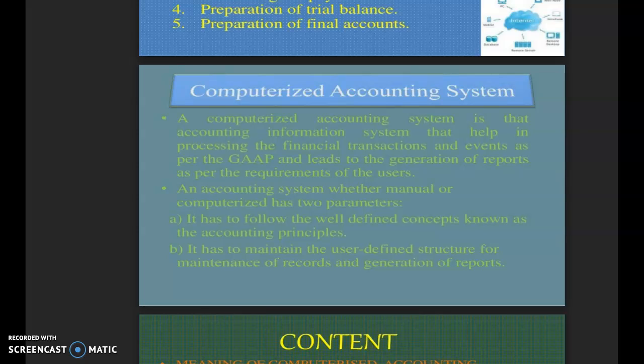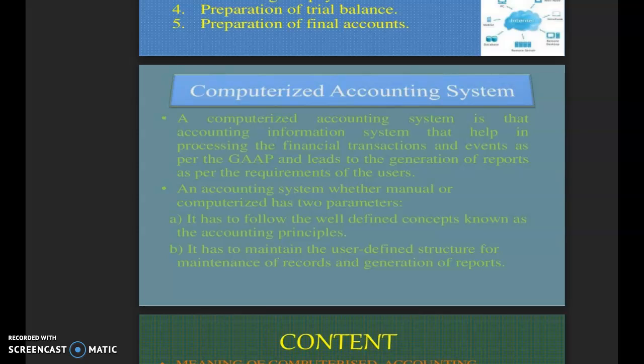A computerized accounting system is that accounting information system that helps in processing financial transactions and even events as per the GAAP and leads to the generation of reports as per the requirement of the users.